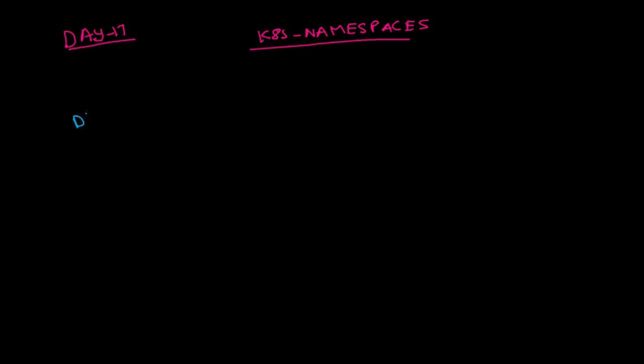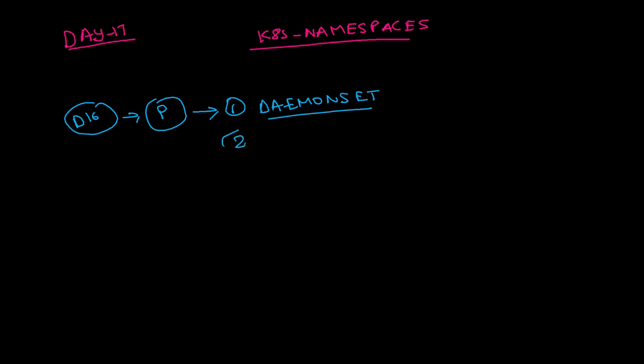In day 16, we discussed different types of pods, and the first was DaemonSet. The second one we discussed is Sidecar Containers, the third is Jobs, and the fourth was init container.